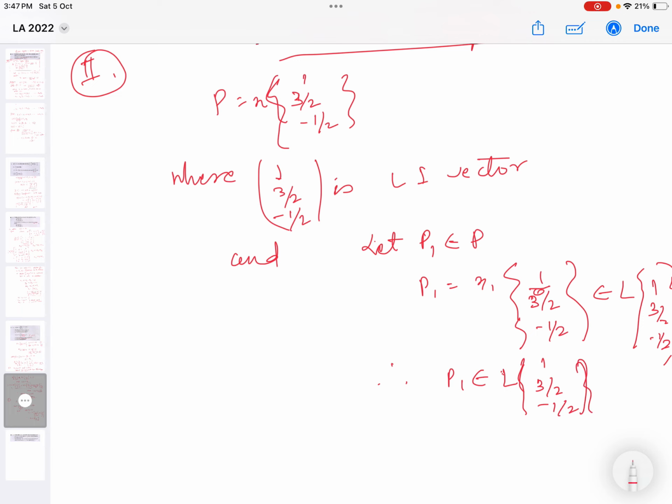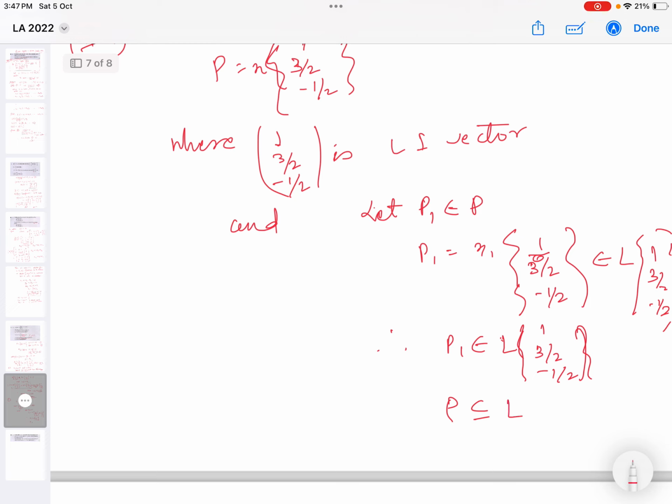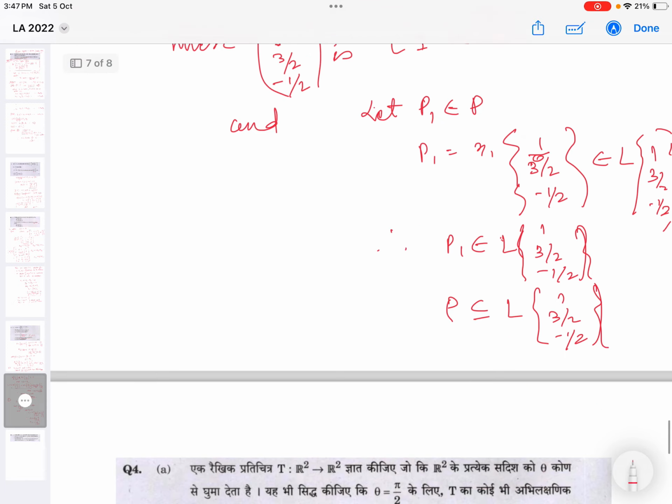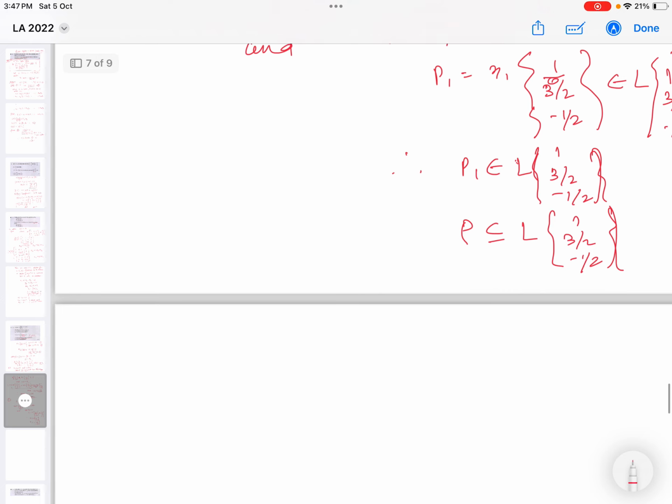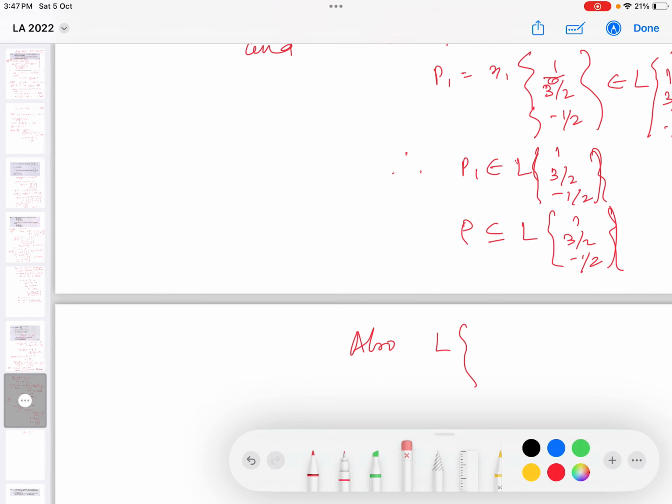This implies that P is a subset of the span of (1, 3/2, -1/2), and we know that its linear combination is also a linear combination of (1, 3/2, -1/2), which is a subset of P, from A and B.